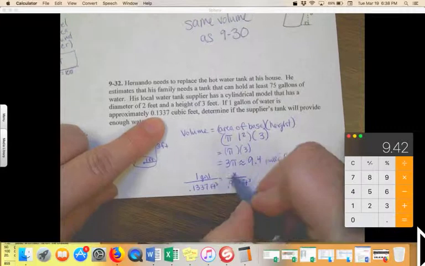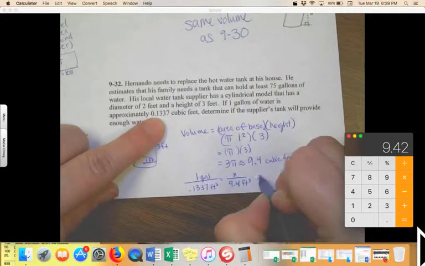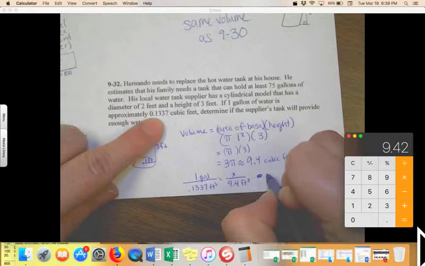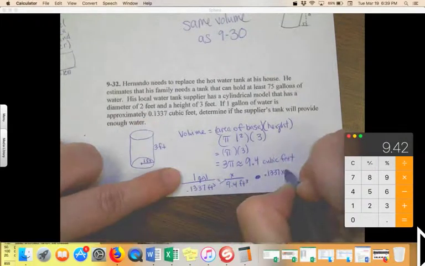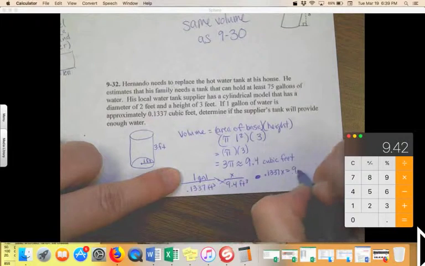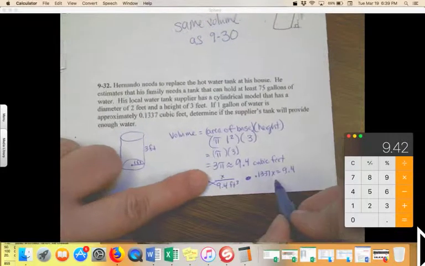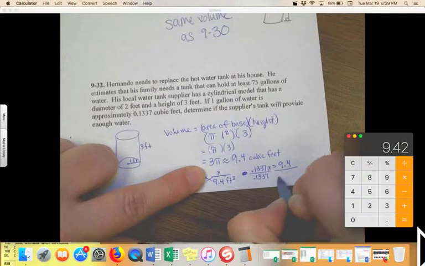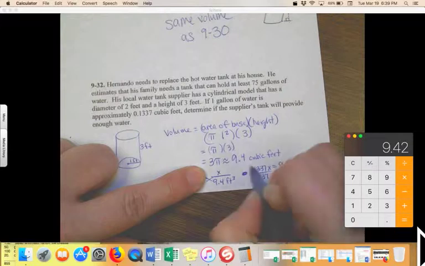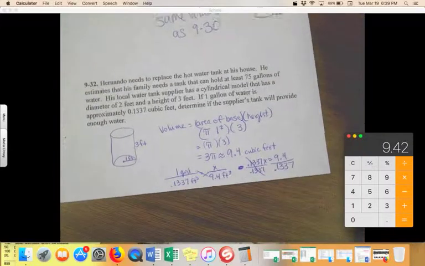So if we cross multiply here, we have 0.1337 times x equals 9.4. So to find out how many gallons, we are simply going to divide both sides by 0.1337, and that will tell us how many gallons we're dealing with here.